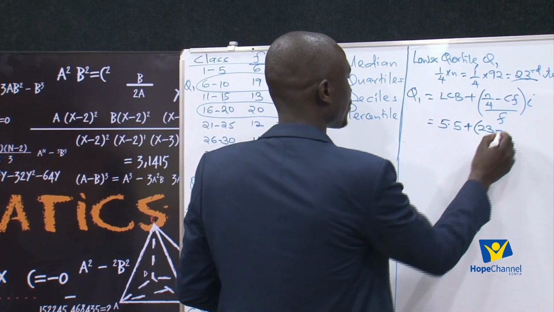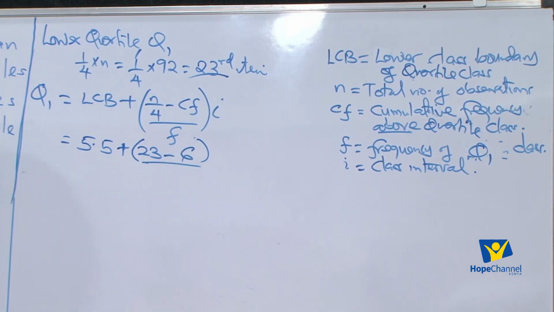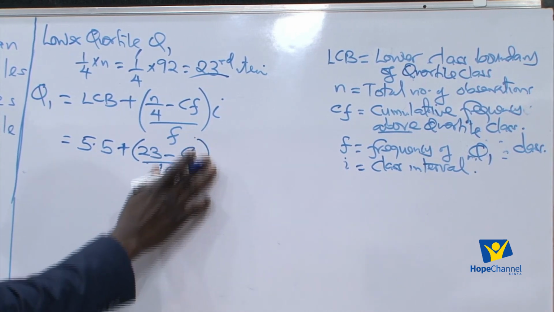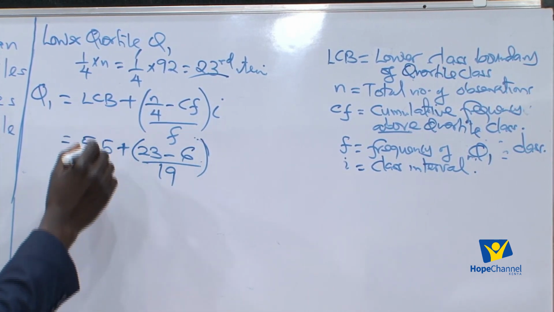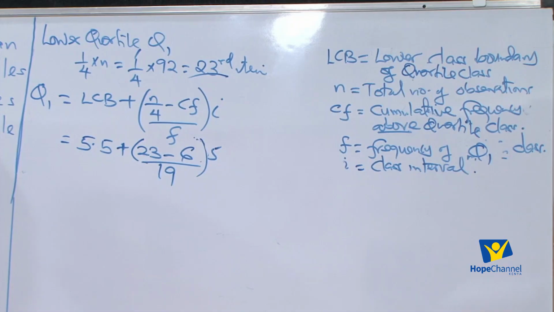So 23 minus 6, everything divided by f, the frequency of that class, which is 19. Then the interval between 6 and 10 is 5, so our work is now very simple.